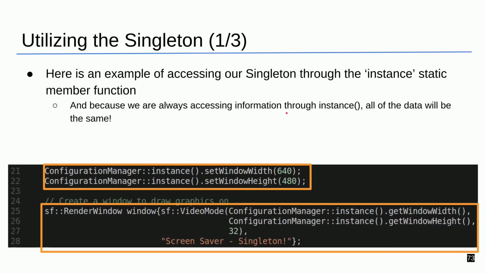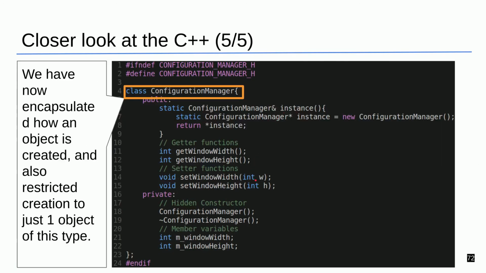You'll notice in this singleton, where is my constructor and my destructor? Well, they're hidden. They're in the private section of my class. So I can never actually construct a configuration manager because I've hidden the constructor here. The constructor and the destructor will never be called. So the only way, again, to construct a configuration manager is through this instance member function.